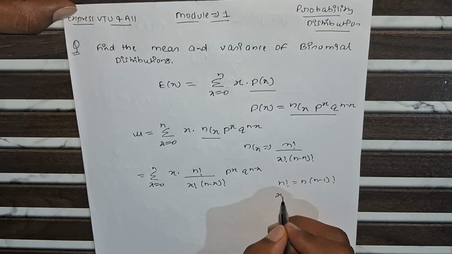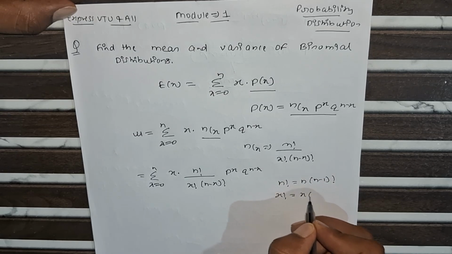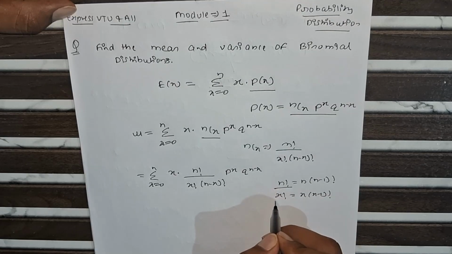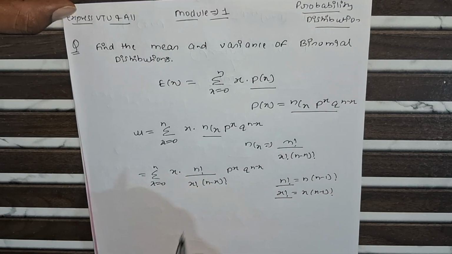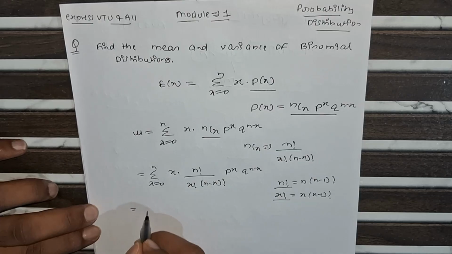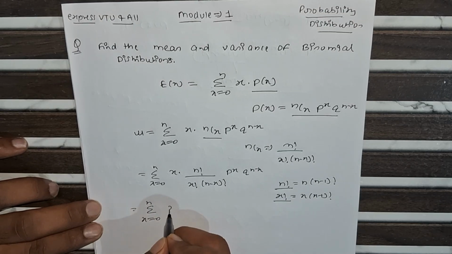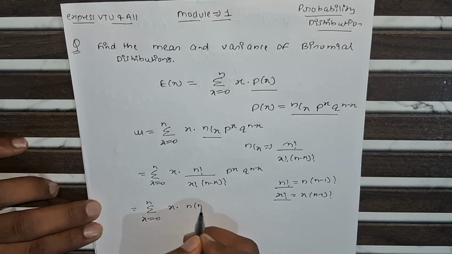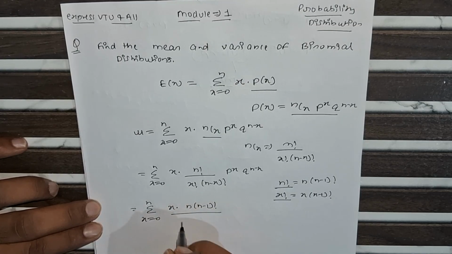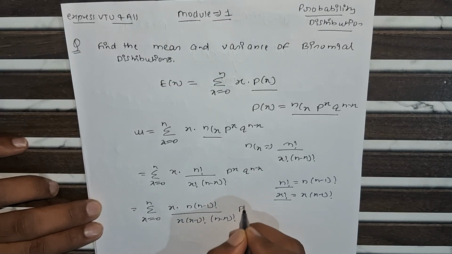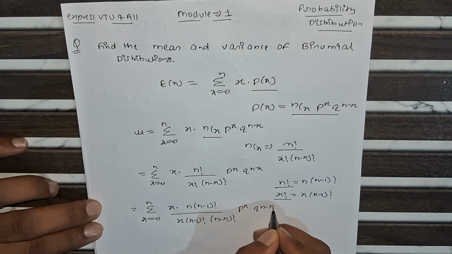Like that we can write x factorial equals x into x minus 1 factorial. So put the value of n factorial and x factorial in their respective places. So summation of x equals 0 to n x into n minus 1 factorial divided by x into x minus 1 factorial into n minus x factorial p to the power x q to the power n minus x.